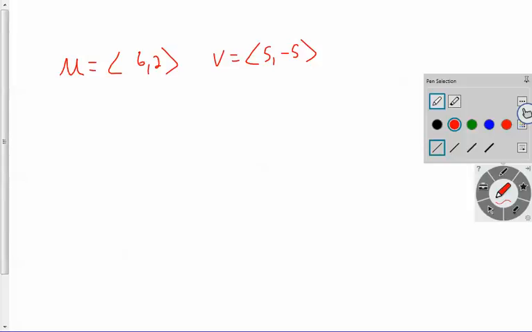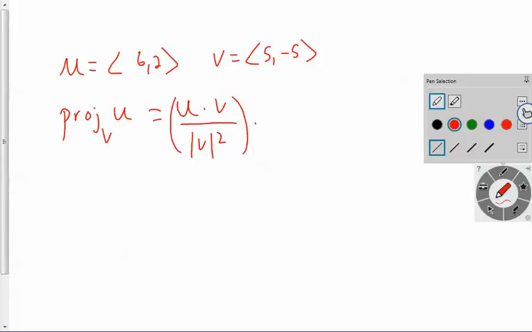I want to find the vector projection of u onto v. Well, that's u dot v over the magnitude squared, times the component vector.